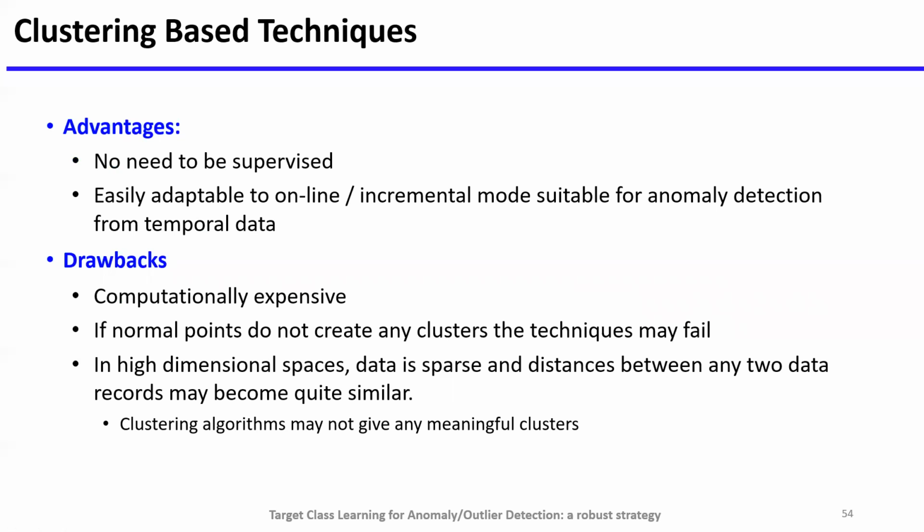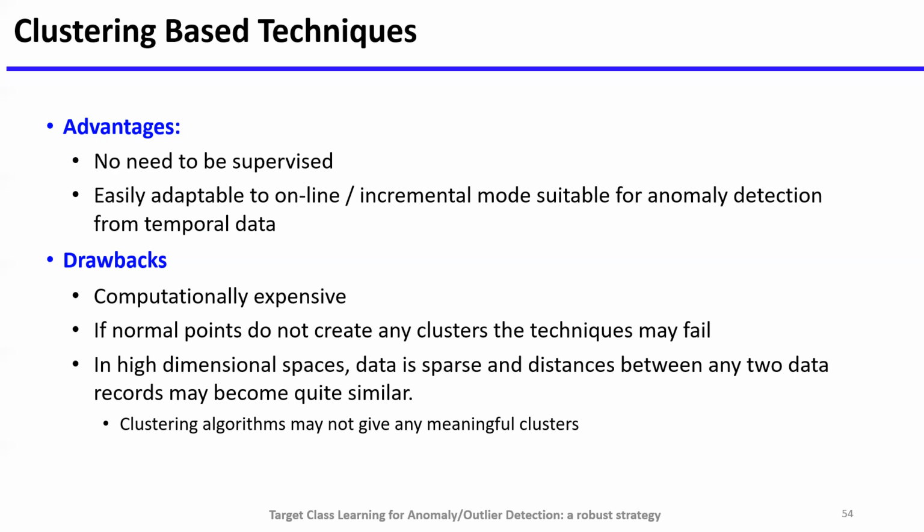So the advantage is we are very much free from the burden of taking supervised data and having all the class labels known. These techniques are also very handy if we are working with real time analytics, or in an online or incremental mode using some kind of data streaming.